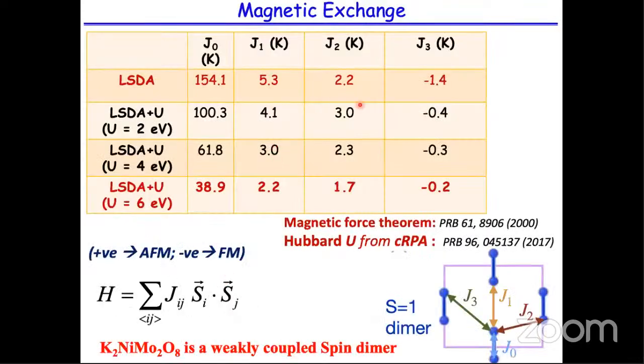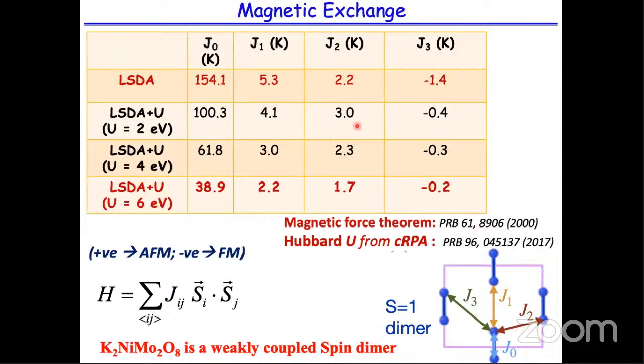So here is the magnetic exchange value from GGA plus U for different U values. As you can see, as expected, and as I mentioned, the exchange interaction is inversely proportional to the Hubbard U. So as you increase the Hubbard U value, J0, which is the exchange interaction inside the dimer, and J1, J2, and J3, which are the various inter-dimer couplings you're interested in, change.